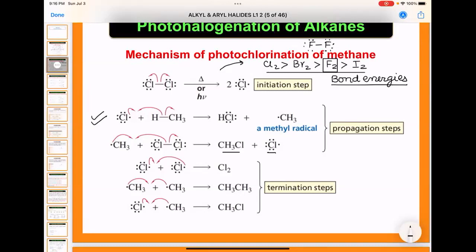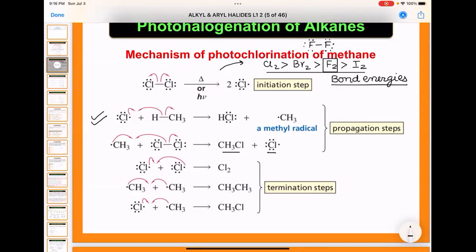Okay. So F2 is not the strongest. It comes just next to I2. Cl2 is the strongest bond. So as we were thinking that the first step is RDS, if the first step is RDS, what should be the rate of the halogenation? This is a famous question. I will say it in simple words.